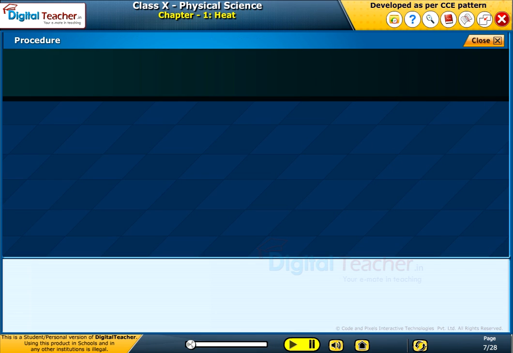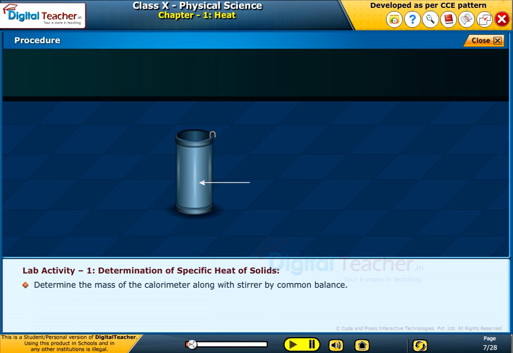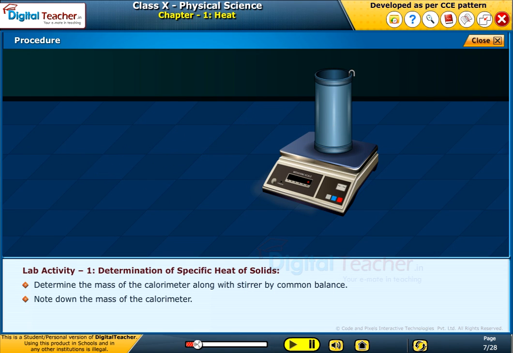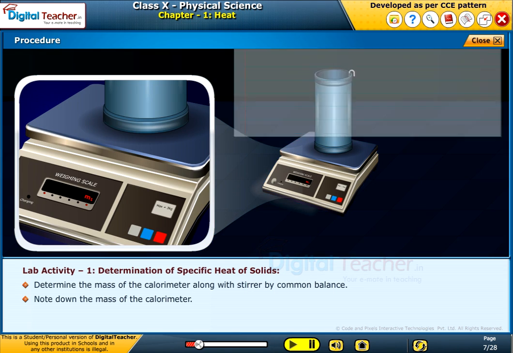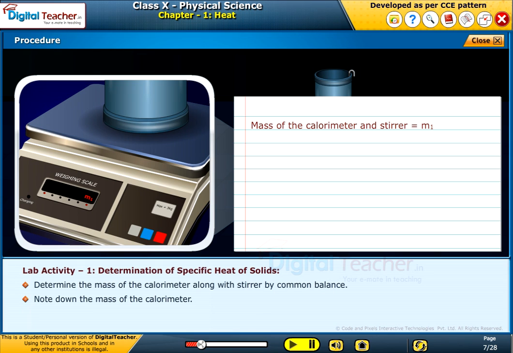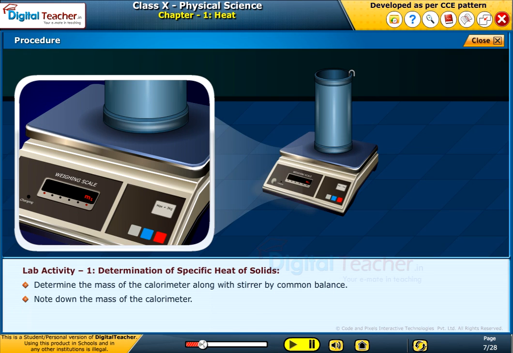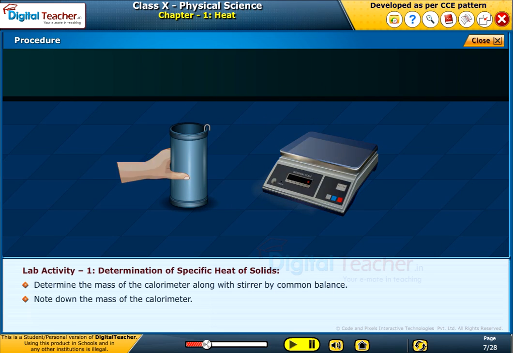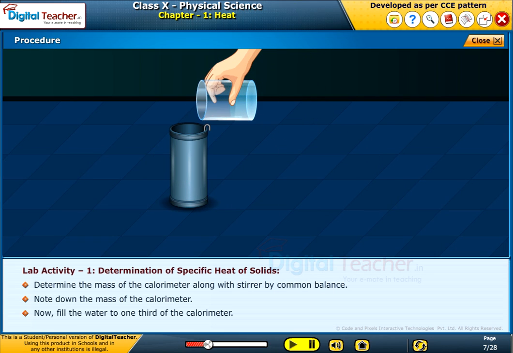Let us follow the procedure. Determine the mass of the calorimeter along with stirrer. Note down the mass of the calorimeter. Now fill the water to 1/3 of the calorimeter.